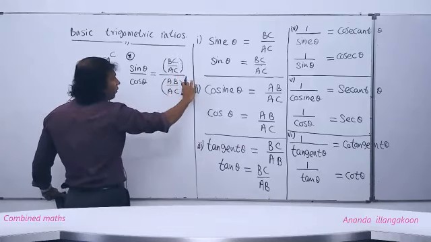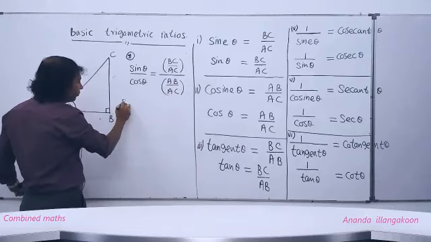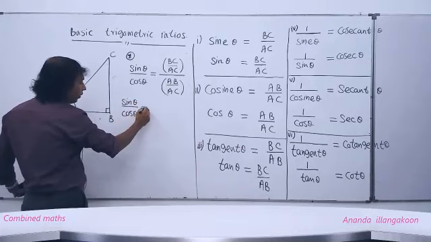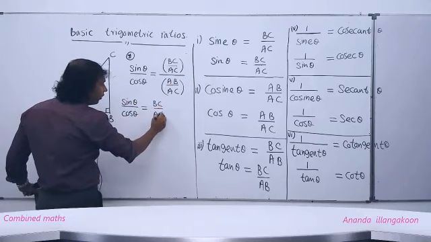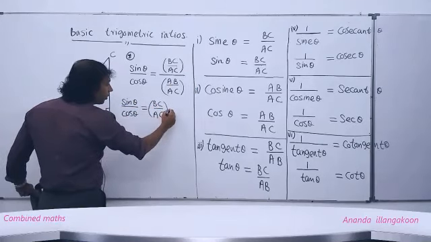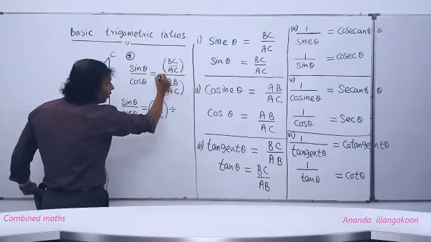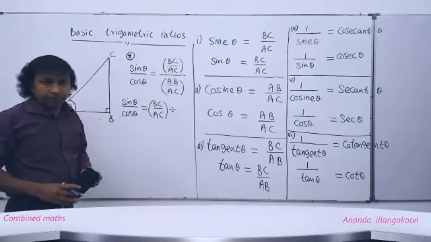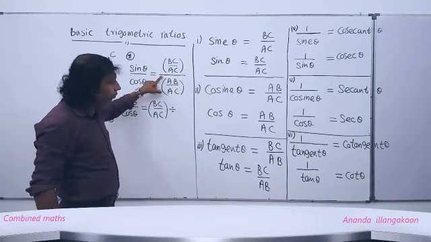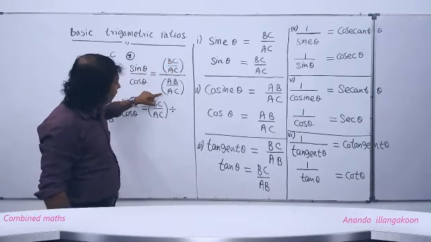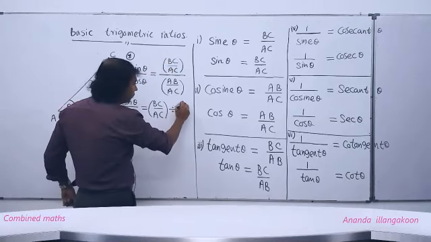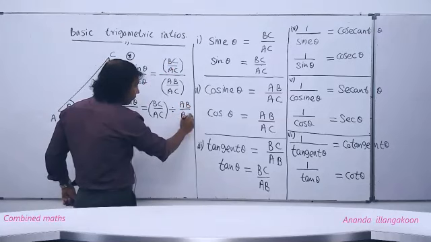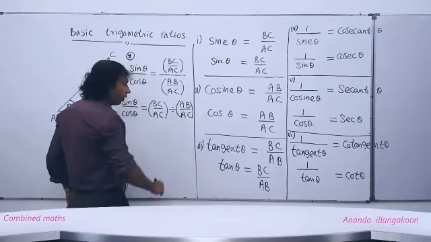Sine theta divided by cos theta is BC divided by AC, the whole thing divided by AB by AC. This line means division.